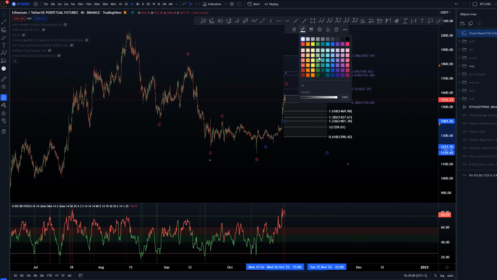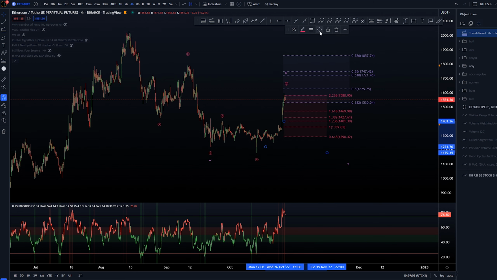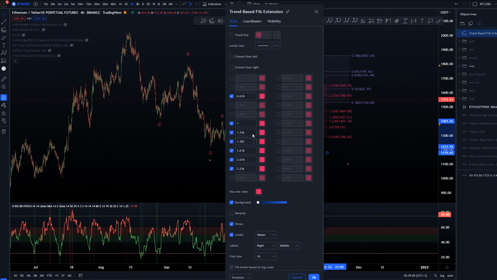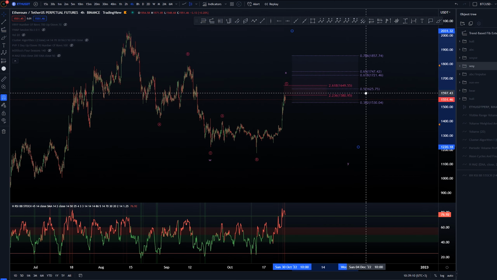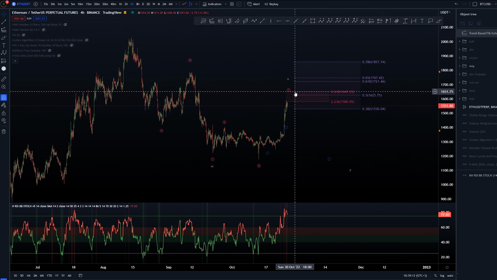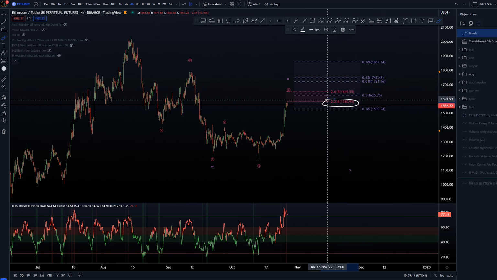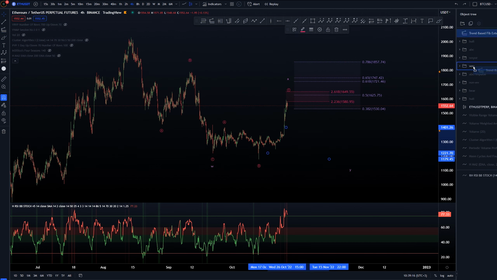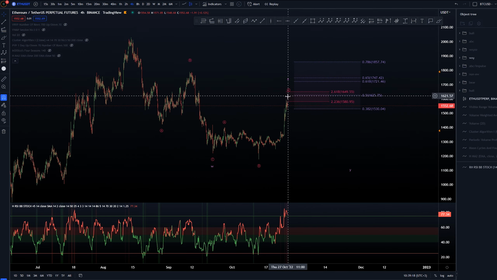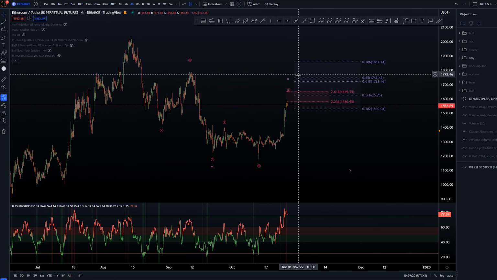Maximum would be 2.618, which we are very close to, so we need to be careful still here. If that 2.618 breaks, then I would not be interested in this anymore. We have hit the 2.236 at the moment, so that is still fine. It is very extended, however, we need to realize that.